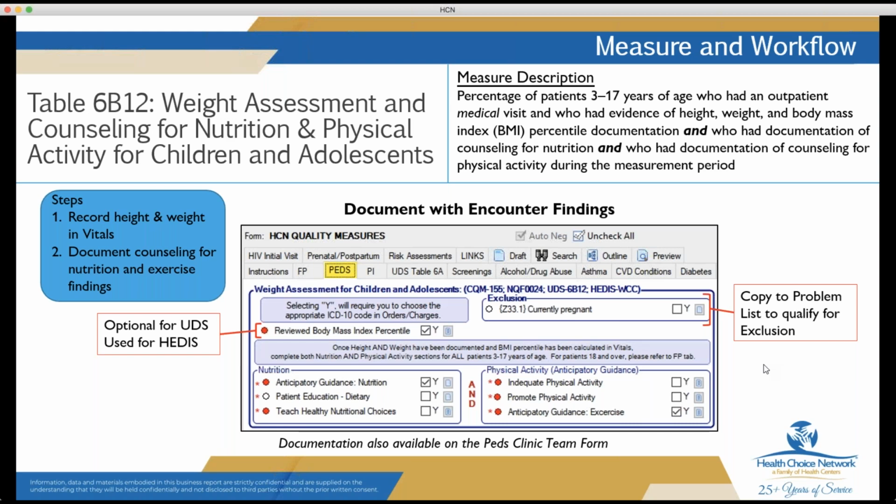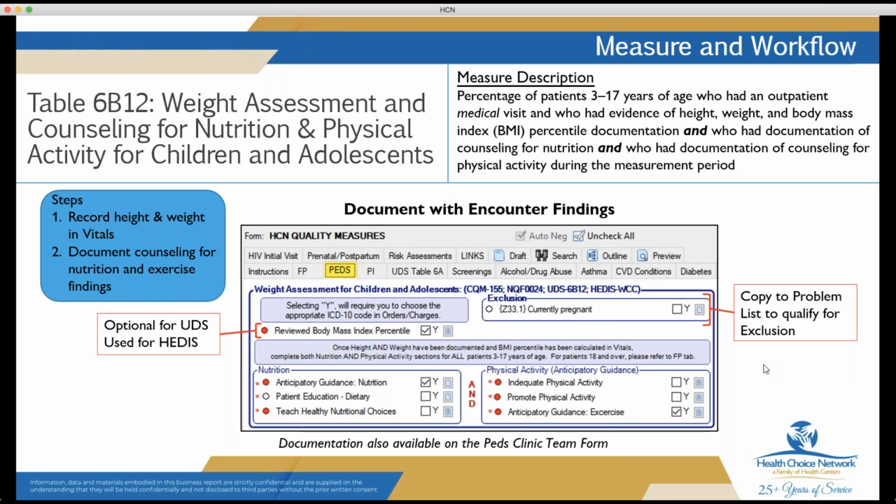But just be cautious, especially if you're having a telehealth visit. Self-reported height and weight is not allowed. It's different than the blood pressure measure. But if you already had recorded height and weight on a previous visit that occurred during the reporting period, and you want to recommend different counseling, then that is allowed as well. The report will pick that up.